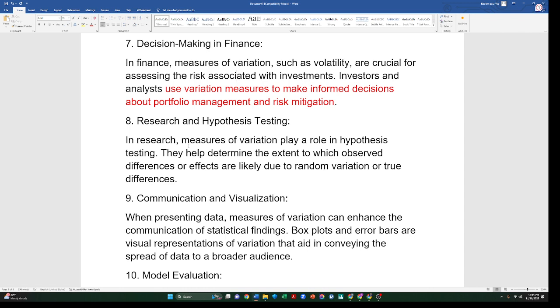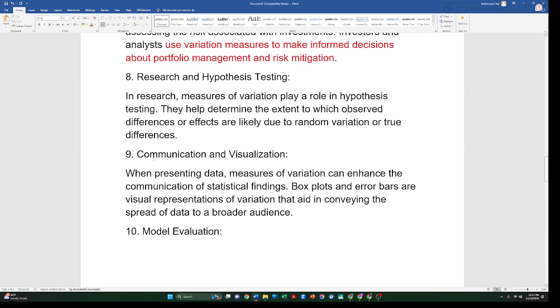There is a significant relationship or difference. So they help determine the extent to which observed differences or effects are likely due to random variation or true differences.